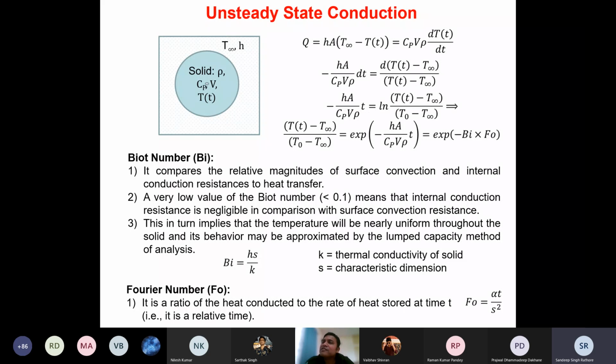You can calculate the time required by doing the heat balance, but ignoring the heat balance across this solid.